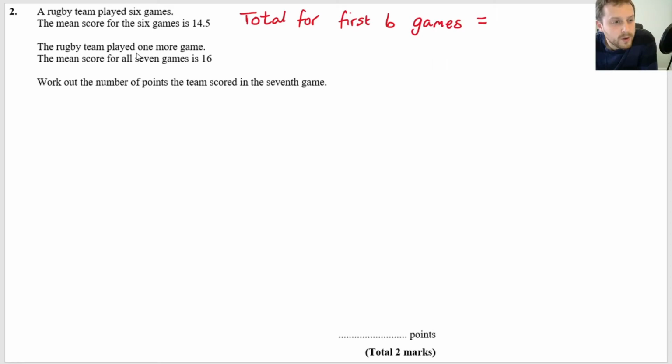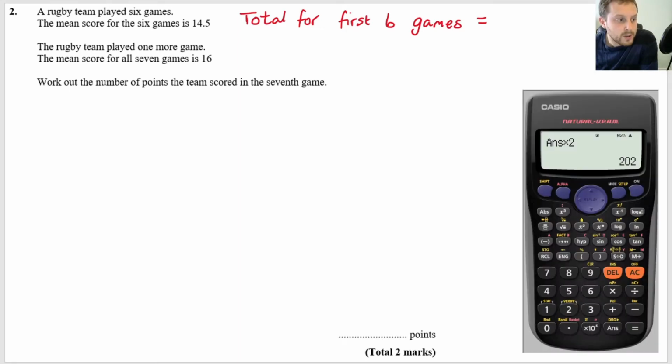So the way you'd have got a mean of 14.5 is you would have a total score and you would divide that by 6 and the answer would have been 14.5. So to work out the total, I'm going to do 14.5 times 6. So 87.